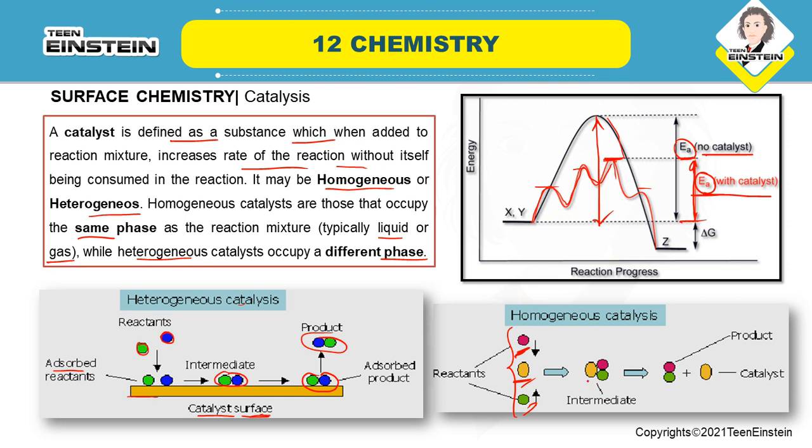This is the intermediate formed, and finally the catalyst is intact, it is not consumed, but the reactant is converted to product. As this chapter is basically surface chemistry, we will be interested mainly in heterogeneous catalysis, because in homogeneous catalysis there is no catalyst surface. So our focus will be on heterogeneous catalysis.